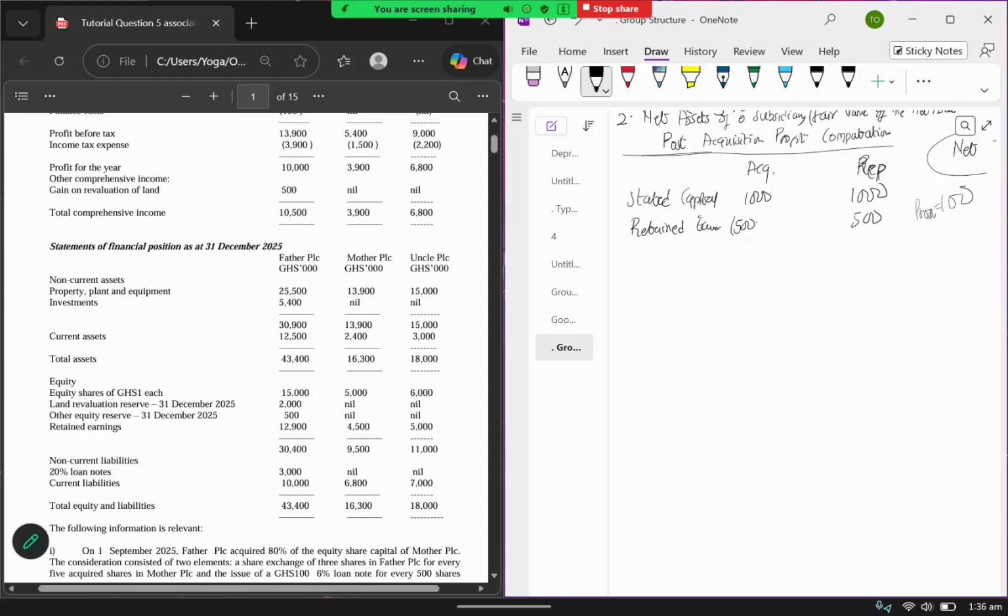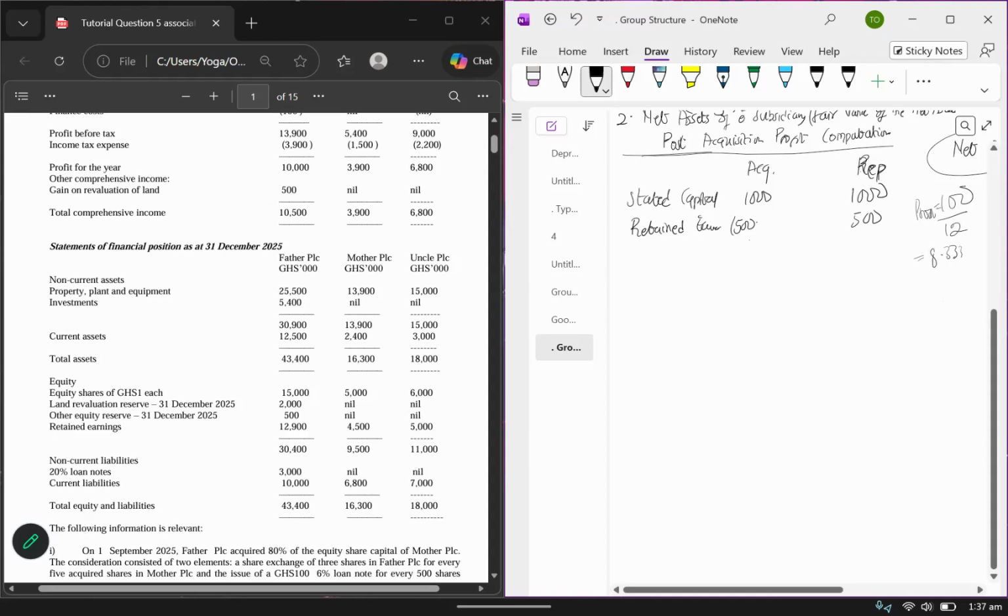So with this 100, if you want to know the profit for every month, it becomes 100 divided by 12, which gives us 8.333. So 8.333 is the profit they are making monthly.